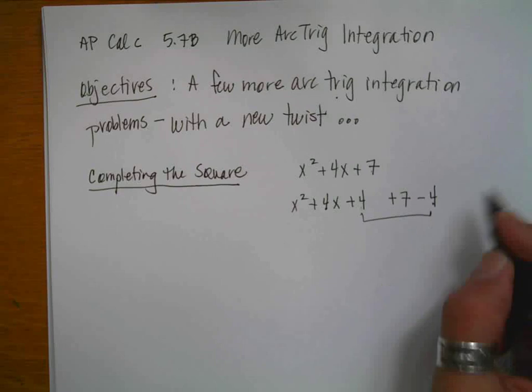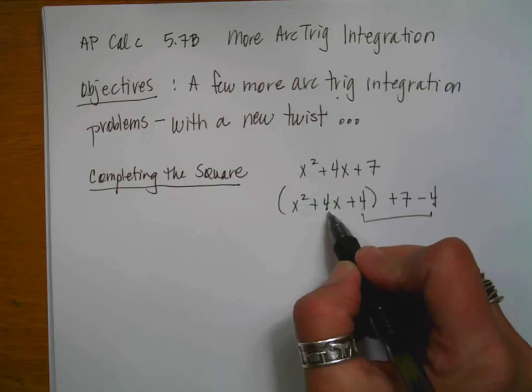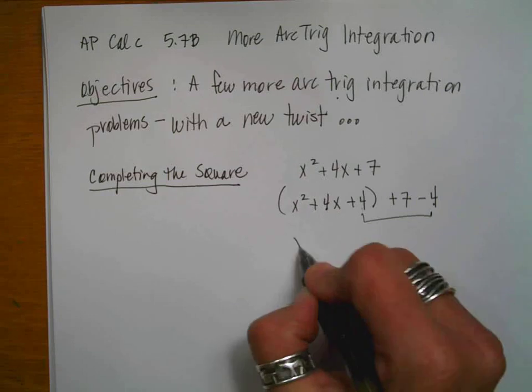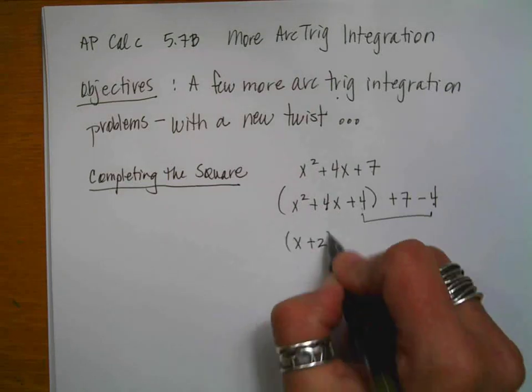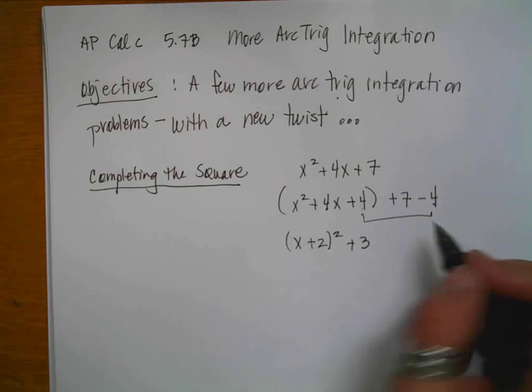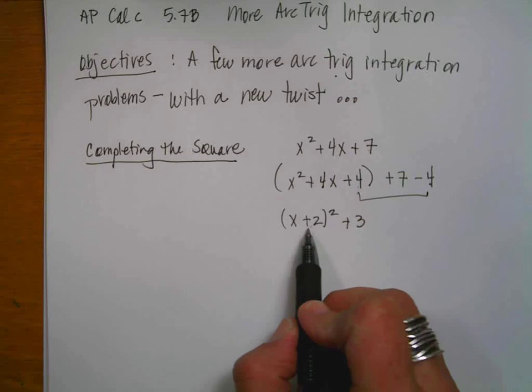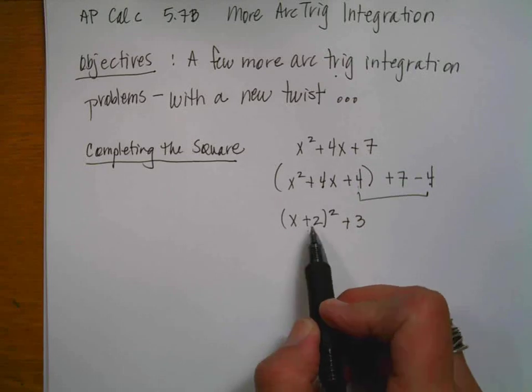Now I can factor because this is a perfect square trinomial, so I get x plus 2, quantity squared, plus 3. And notice now it looks like an arc-trig integration problem.